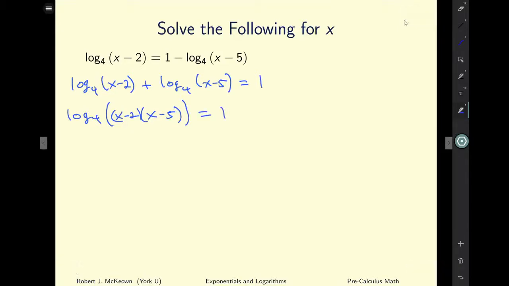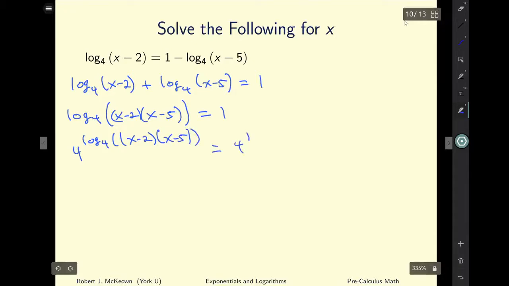Now I can use 4 as my base and the left-hand side and right-hand side as my exponents. So I can rewrite this whole thing as 4 to the log base 4 of the whole thing here again equals 4 to the exponent 1.